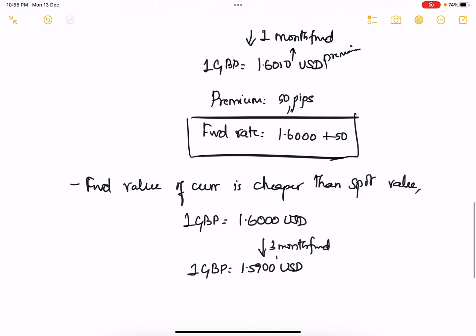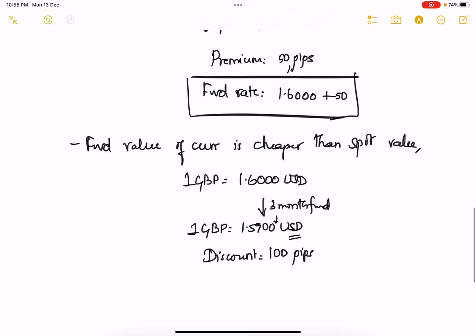So there is a decrease in the value of currency. So USD is in discount. So the discount will be 100 pips. So therefore forward rate is the spot rate minus the discount.